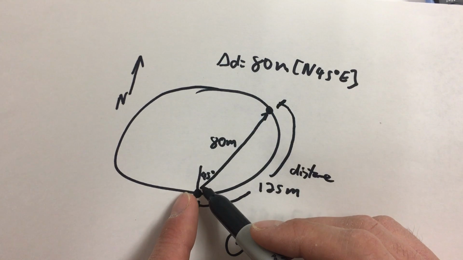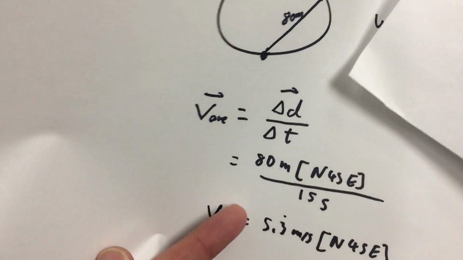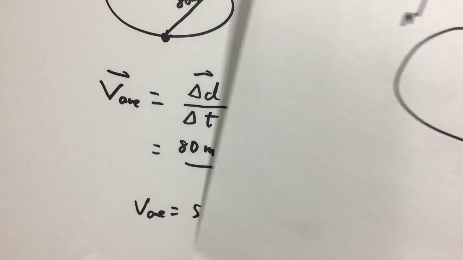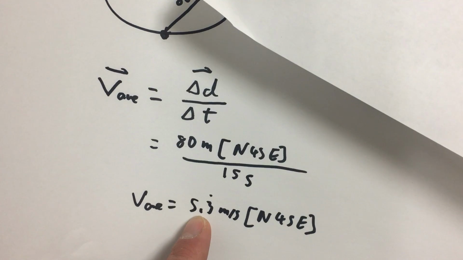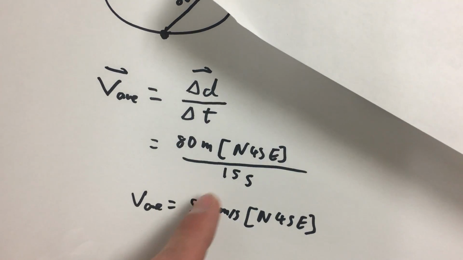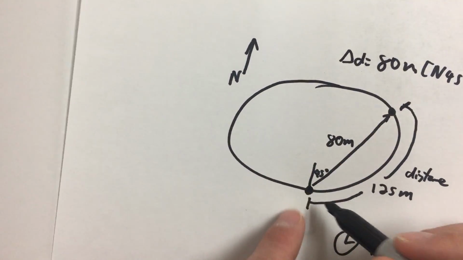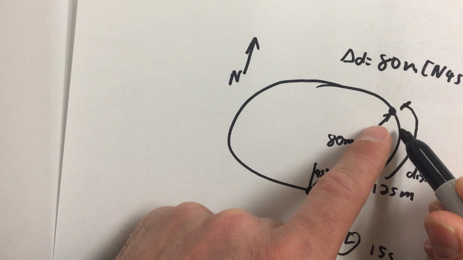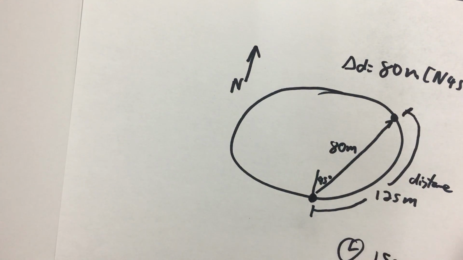However, if their coach starts beside them and runs in a straight line, and coaches tend to be older and slower than the athletes, the coach runs in a straight line this way at a speed of 5.3 meters per second, along that angle, and they will arrive at this point at the same time as the athlete. The athlete runs this way, the coach runs that way, but they both have the same average velocity. So over the same time interval, they're both going to have the same change in position, meaning they're both going to have the same displacement.